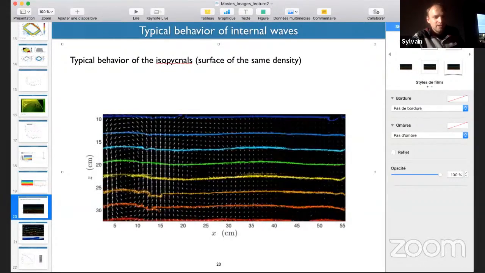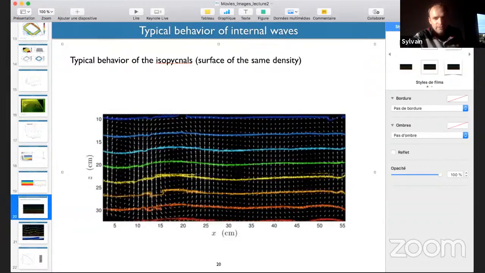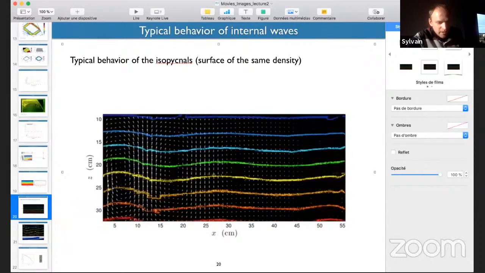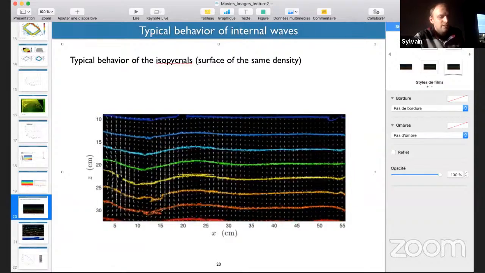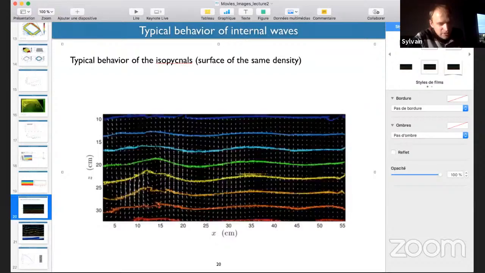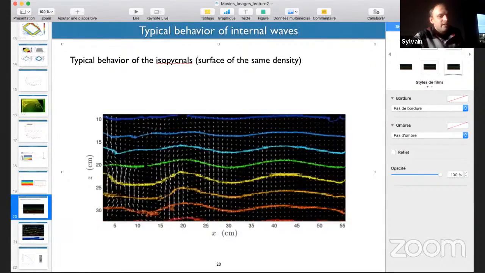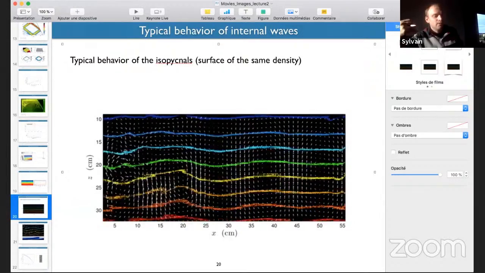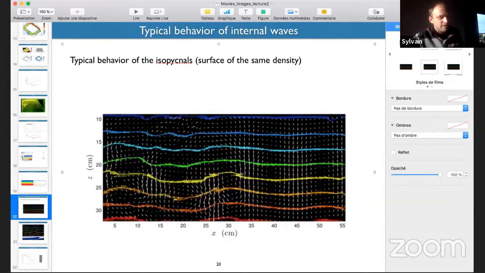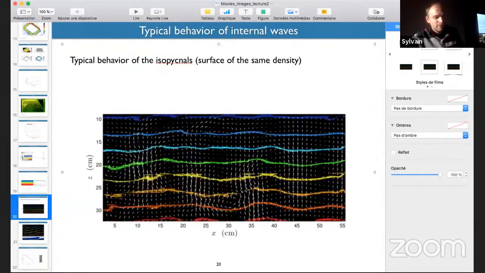You can see the motion of an internal wave, which is an internal wave mode, the arrows of the velocity field, and you have both at the same time at the same position, and you can see the wave breaking. And having both at the same time will lead to a quantification of the mixing that is occurring in the tank. And this will be the topic of the talk of Filippo.